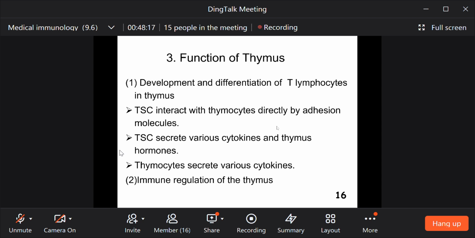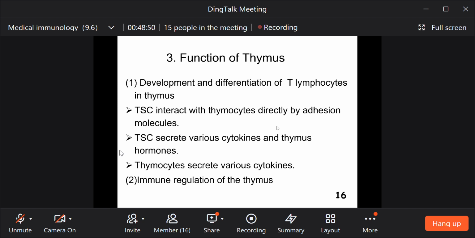And the secretion of cytokines will flow from the thymus. It can also regulate the immune response in other parts of the body. So the second function listed here is immune regulation of the thymus. The key component is the cytokine.